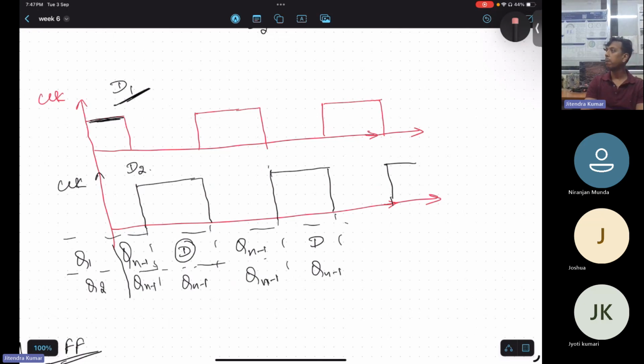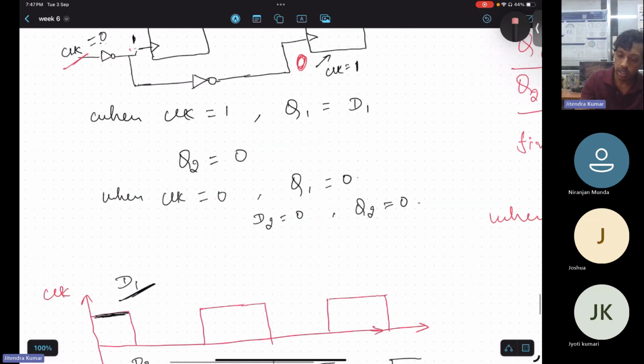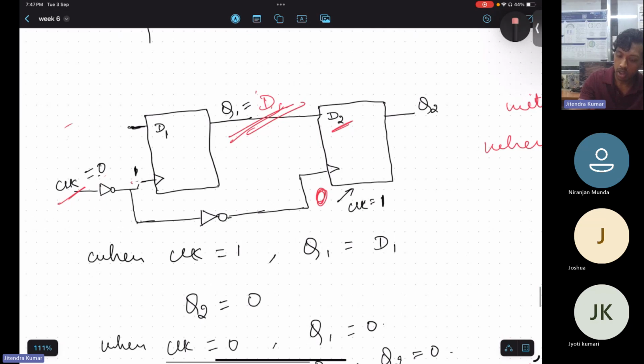So see carefully this master slave flip flop.